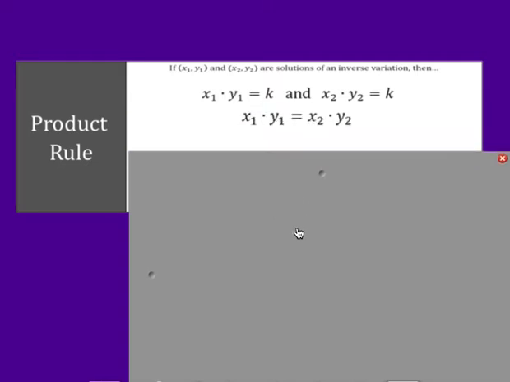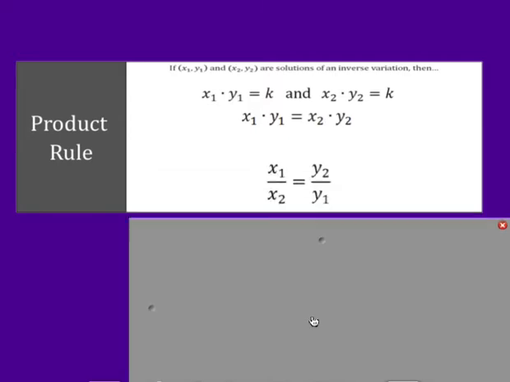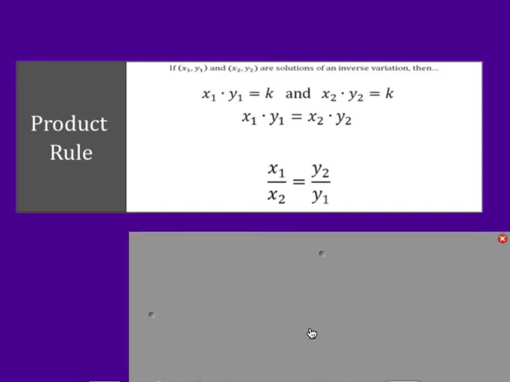Thus, the product x1 times y1 has to be equal to x2 times y2. So then their proportions are also going to be equal. So x1 over x2 is equal to y2 over y1. If you cross multiply, you end up getting the same thing that you did up there.